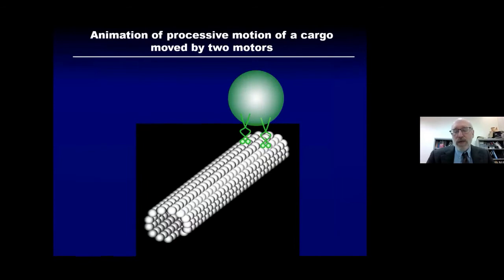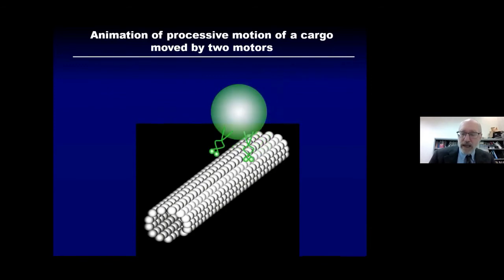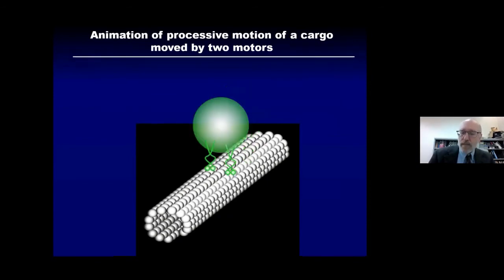That matters because when you start thinking about multiple motors and the way they work together, if one of the motors detaches, the other one holds on. It may not be able to move forward, but if it holds on, then the second motor gets to rebind, and basically you don't fall off.